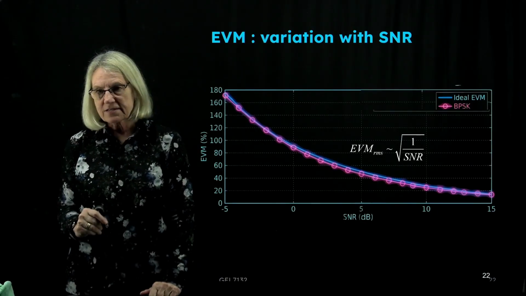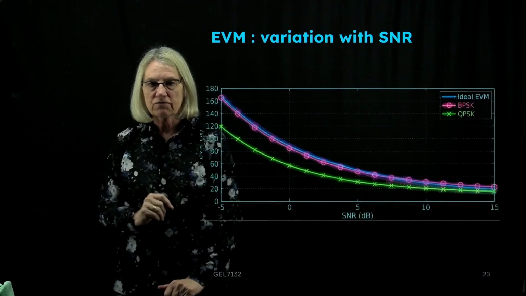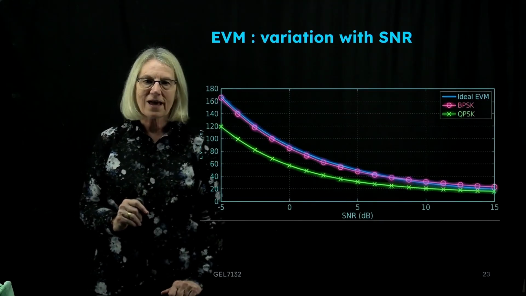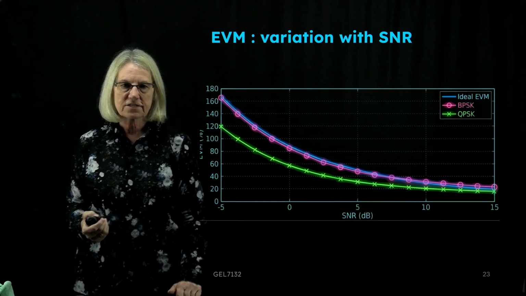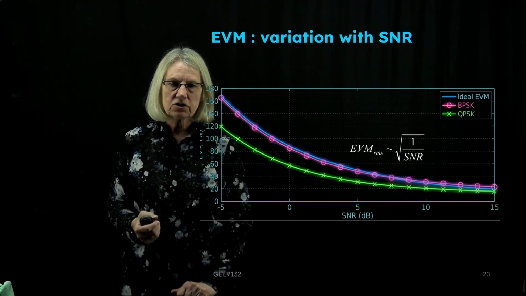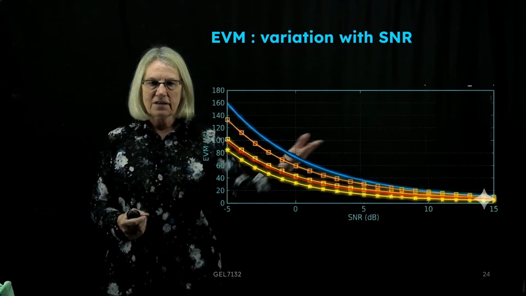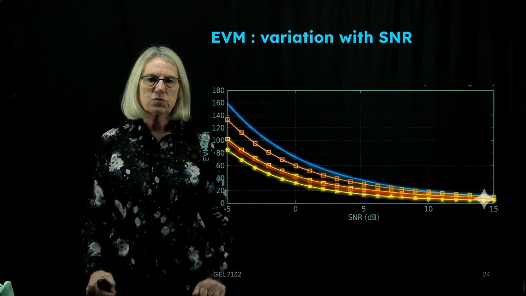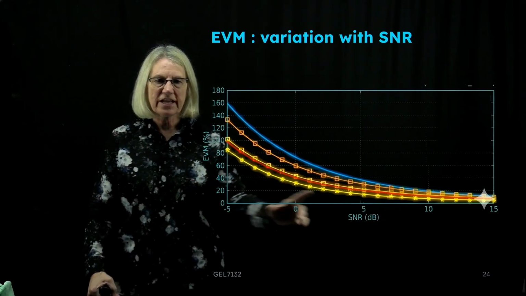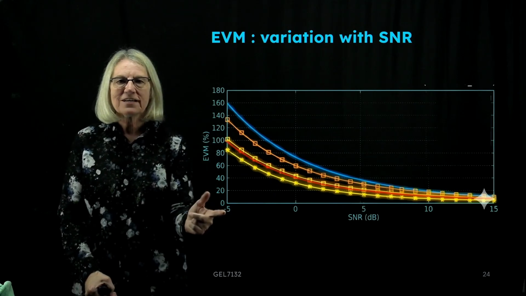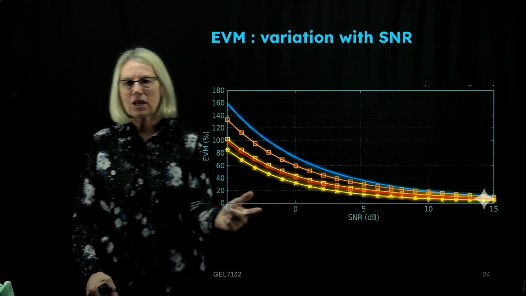Now, to get back to this discussion about higher order modulation formats, what happens when I go to QPSK, which is 4 symbols in the constellation, or if I go to something even higher? These are some other modulation formats. I just wanted to show you that as I'm getting more complex modulation, I'm more subject to this problem when I'm at low SNR.